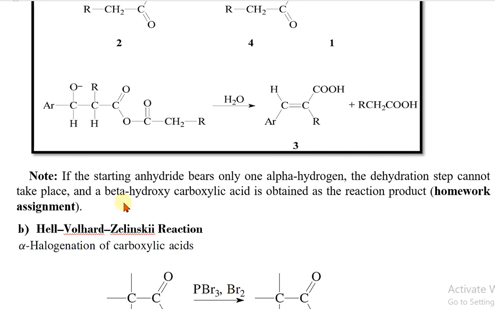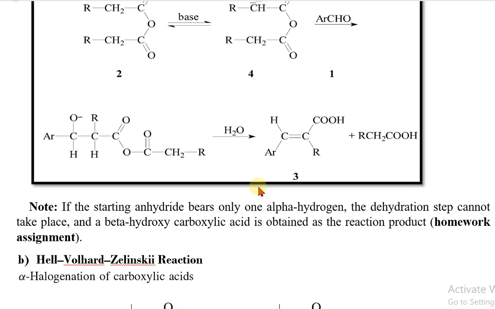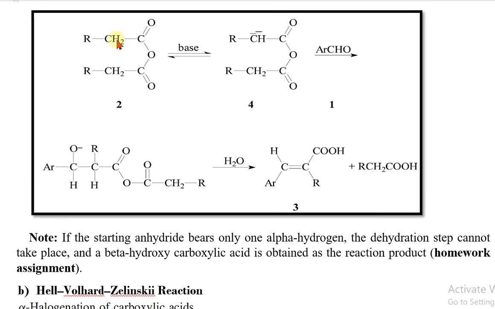If the starting anhydride bears only one alpha hydrogen, the dehydration step cannot take place. That means if we have just one hydrogen here, with two alkyl groups, just one hydrogen is removed to give you the carbanion, and the carbanion will add to give you this. That means we don't have another hydrogen here.